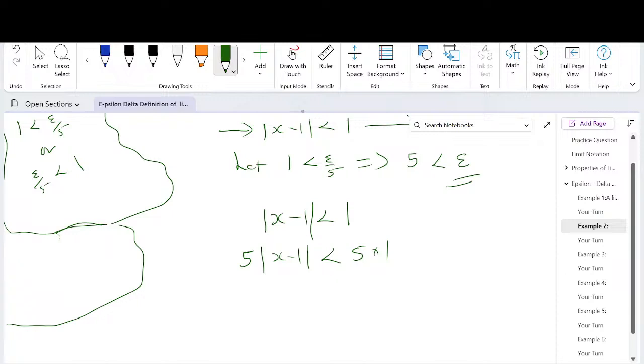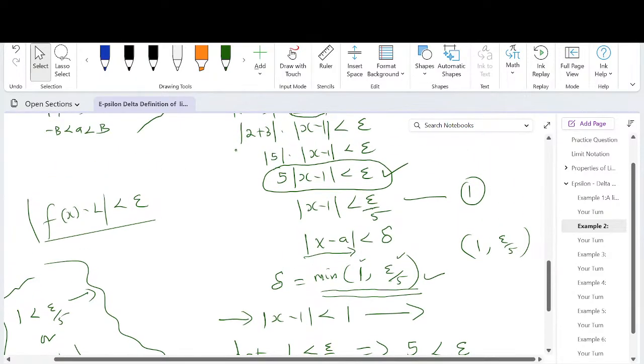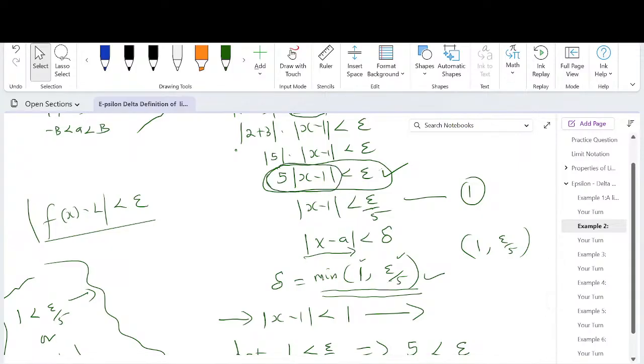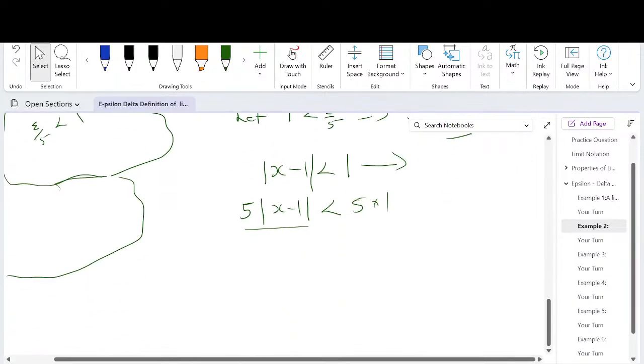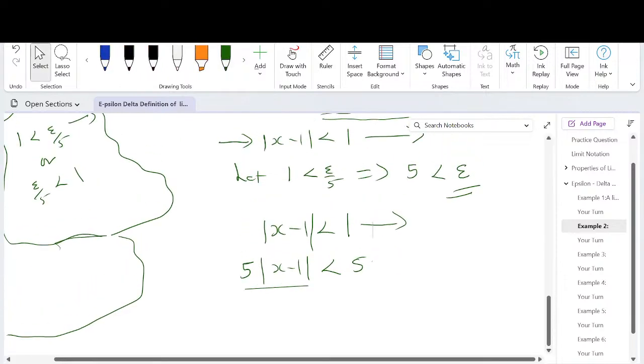Don't forget, this one is from the first step we took towards the absolute value of x minus 2. Now if we say this is less than 1, then this one is from our function. Up here, can you see? This is 5 times the absolute value of x minus 1, which is now less than 5 times 1, which is 5. And we said that 5 is less than epsilon here.